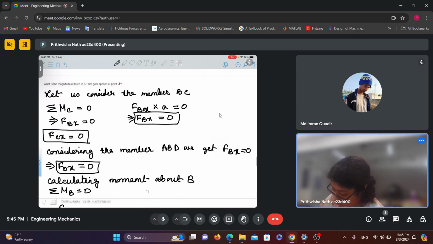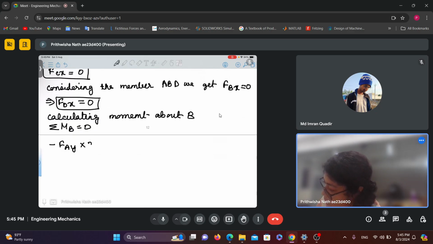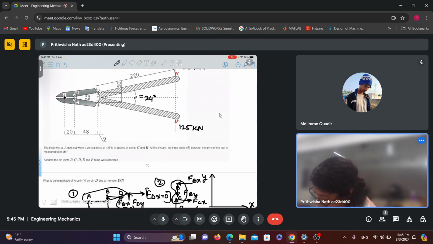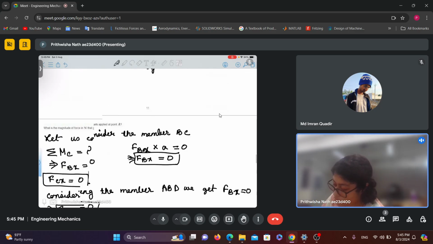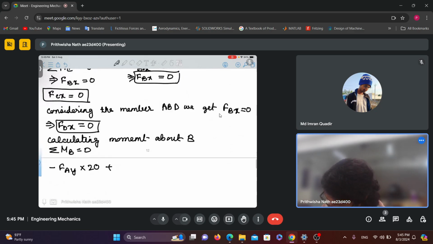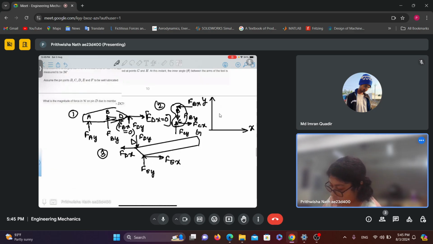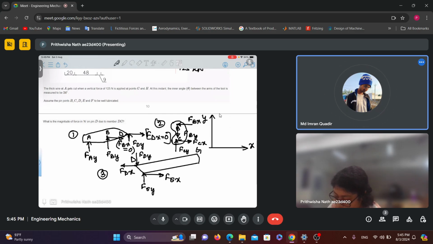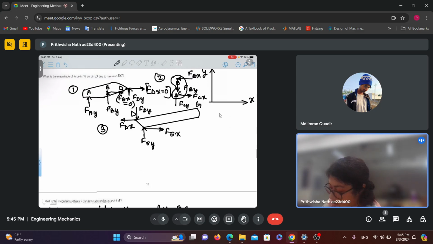So 20 plus FDY. If I consider anti-clockwise movement as positive, should the moment caused by FDY be positive or negative? Positive, yes, because this is anti-clockwise.